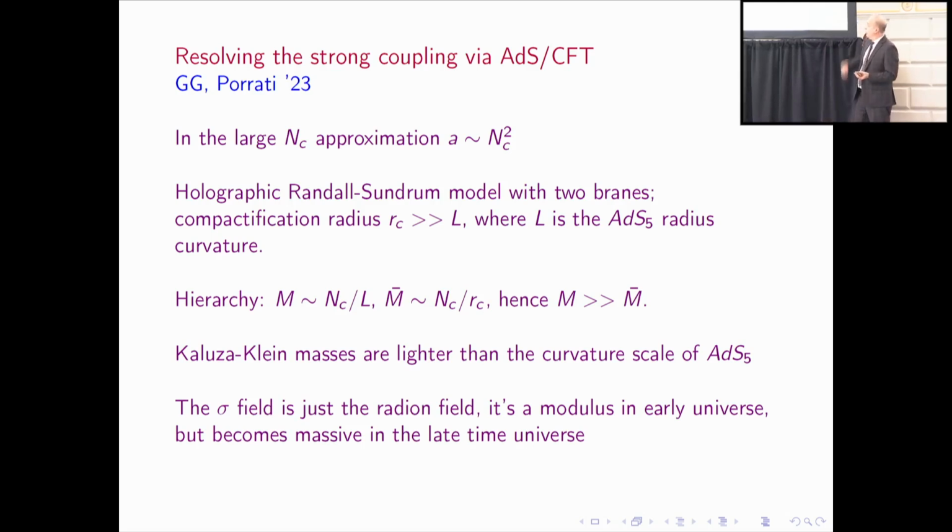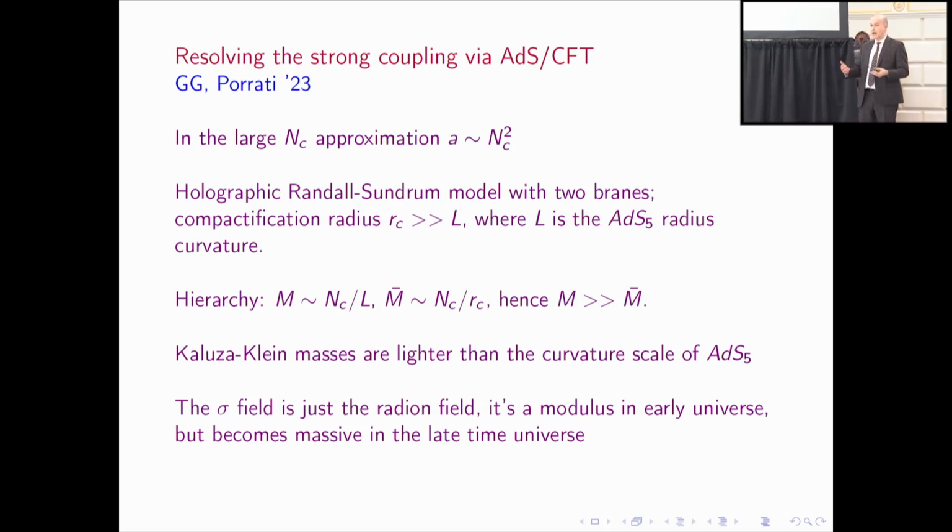In fact, what you get is that if you think of your compactification radius, which I call RC in this context, versus another distance scale, which is the radius of curvature of your AdS5, you need to have RC bigger than the radius of curvature of AdS5.